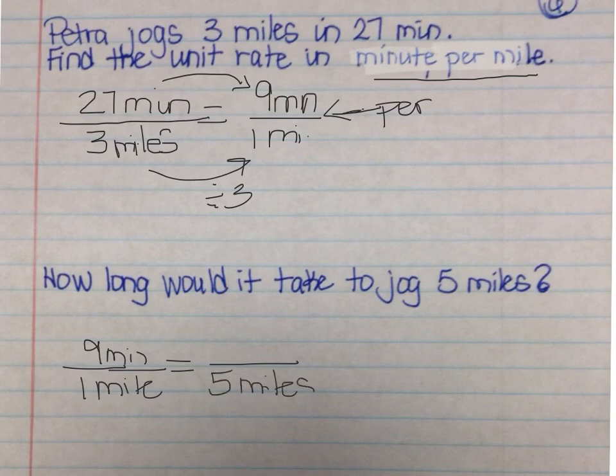Okay, so now here, how do we get from 1 to 5? We multiplied by 5. So, same thing here. We multiply by 5, and we get 45 minutes it would take her to run 5 miles.